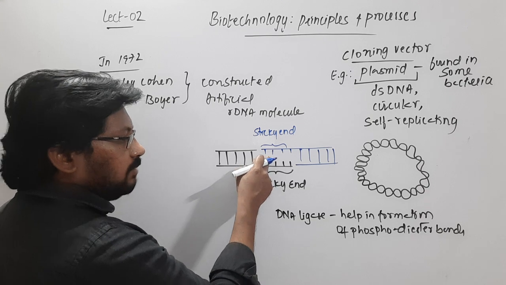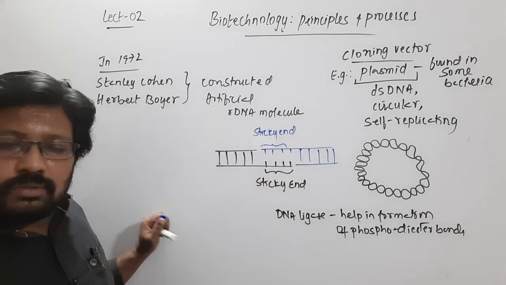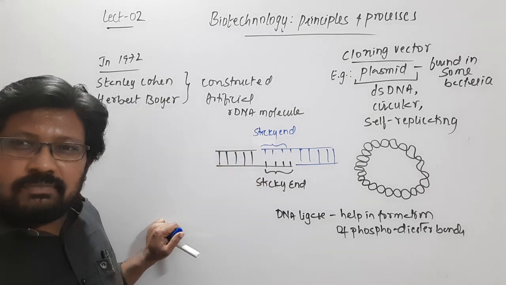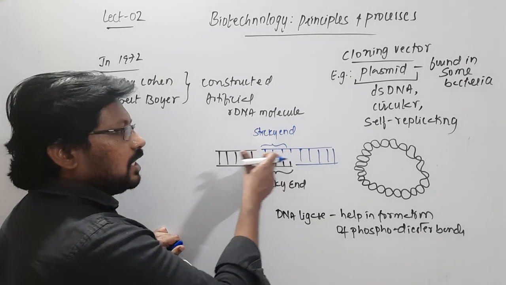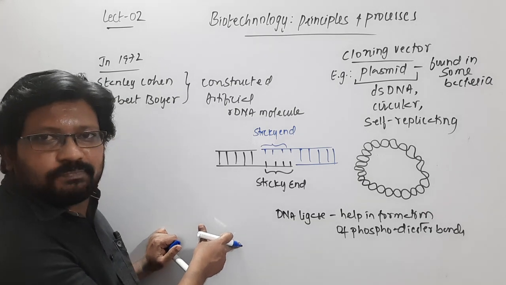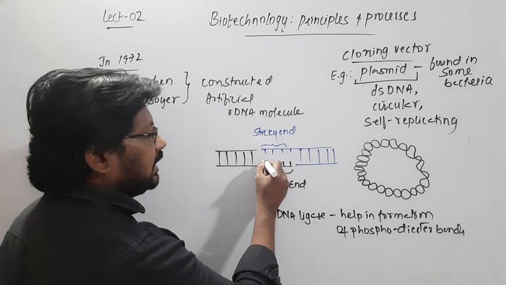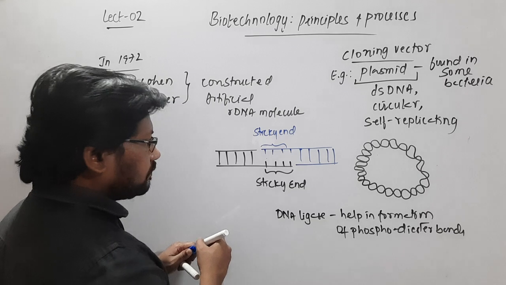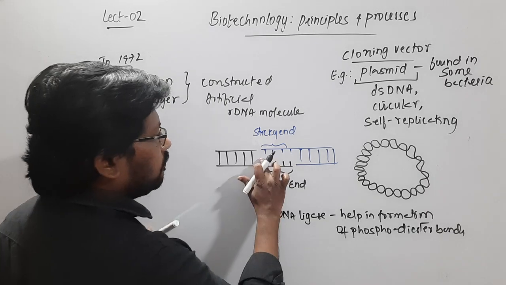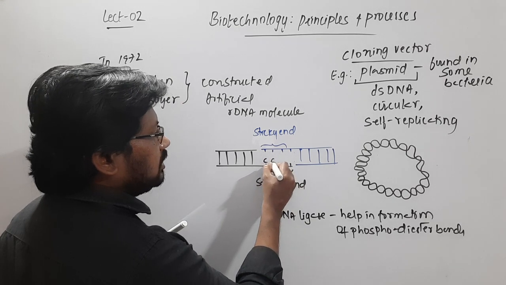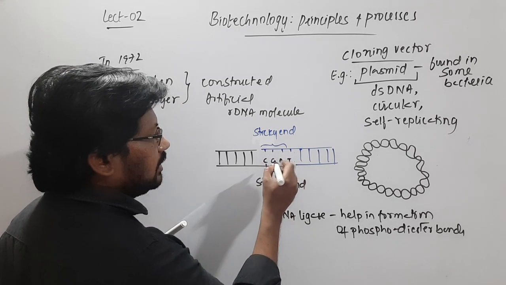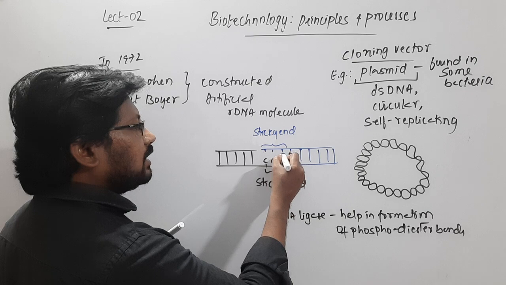Now if I have cut these two DNA molecules with the same restriction endonuclease, then they will have base complementarity. Suppose here it is CGAT, then here it will be ATCG.